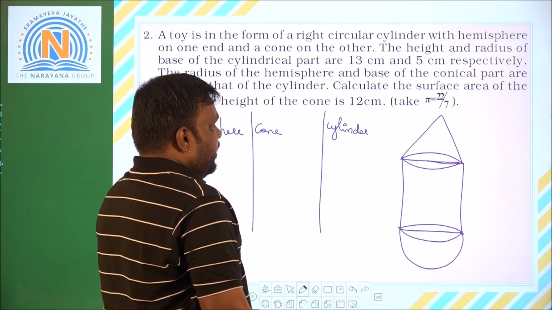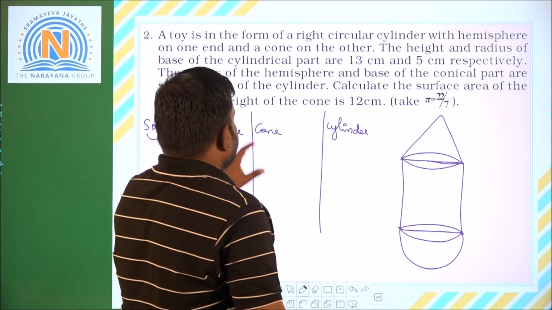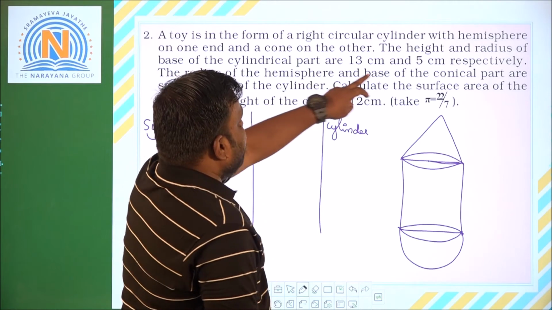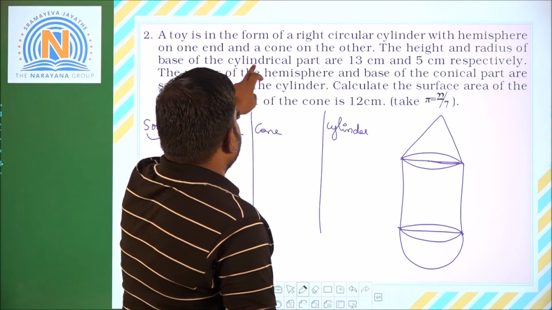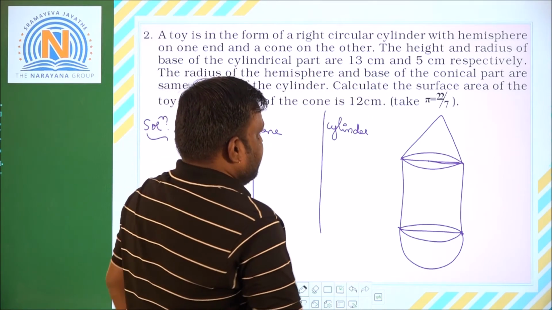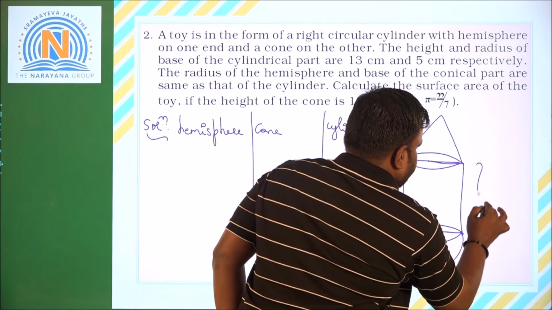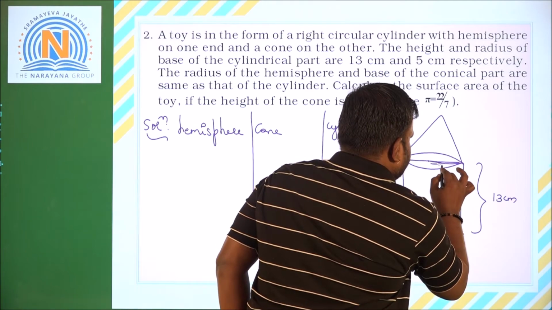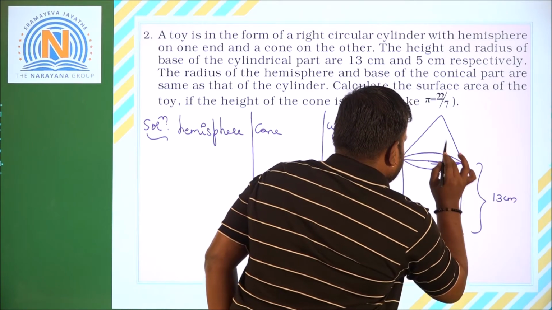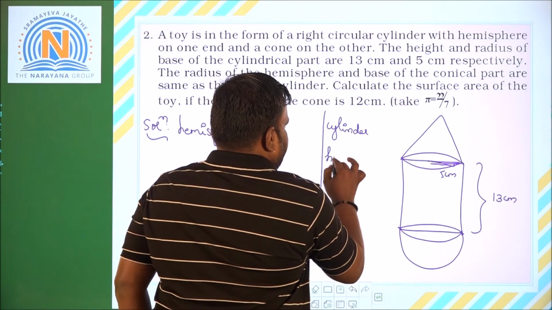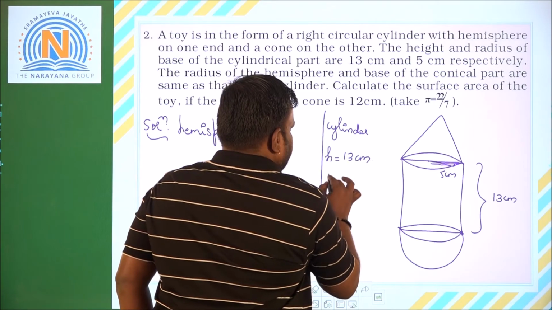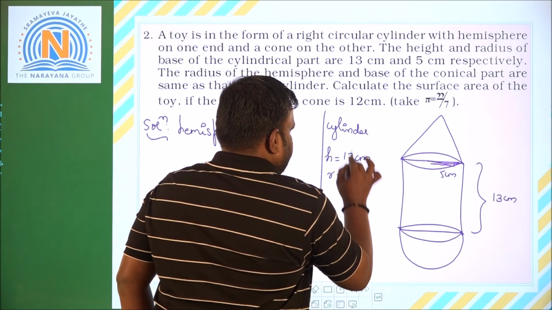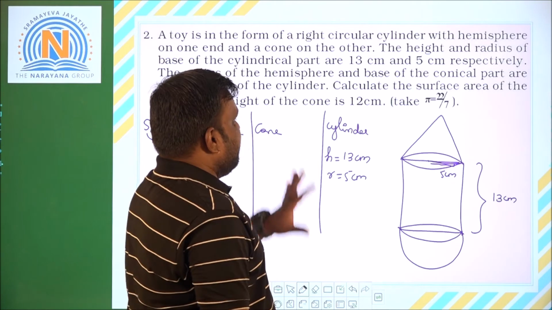Okay, so first the cylindrical part: the height and the radius of the base are 13 centimeters and 5 centimeters. The cylindrical part is 13 and the radius is 5 centimeters. Okay, cylindrical part is clear.